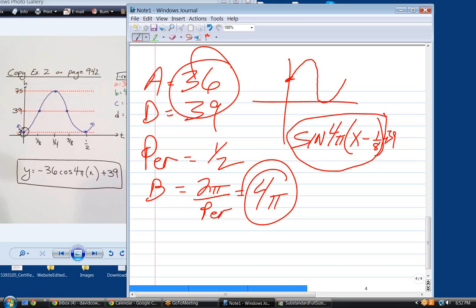But the general rule of thumb is that you use whichever results in the least phase shift. Using the cosine function resulted in 0 phase shift. So I'm always going to do that, as opposed to a sine curve that has a phase shift of 1/8.